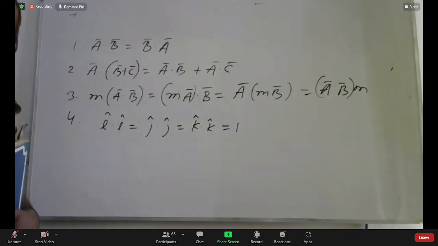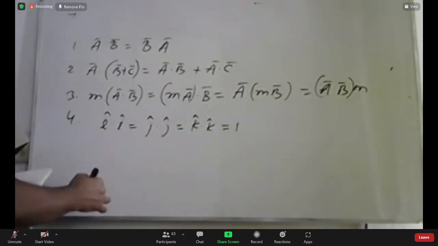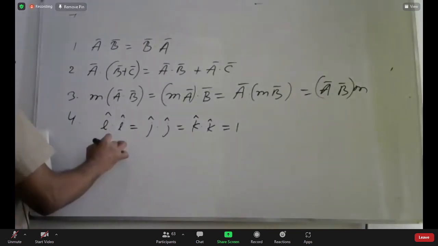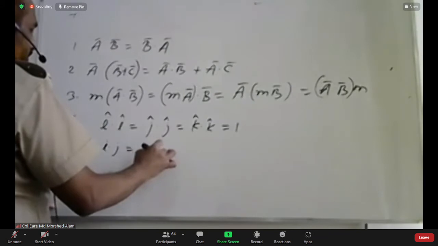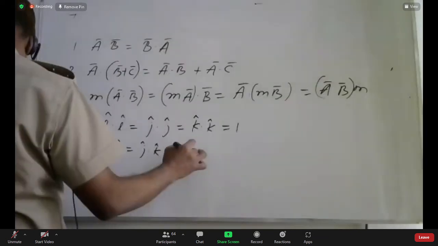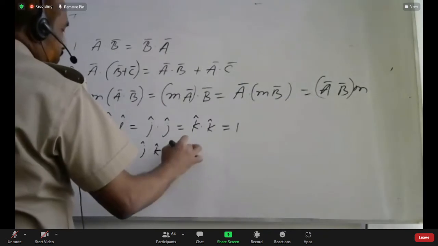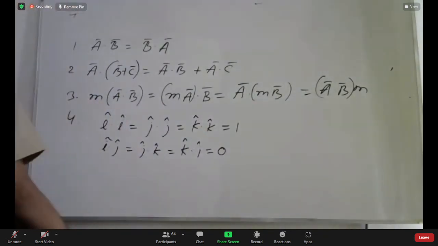Okay. So I dot I is equal to J dot J is equal to K dot K is equal to 1. You have to remember this thing. Also I dot J is equal to J dot K is equal to K dot I. This is equal to 0. Understood?